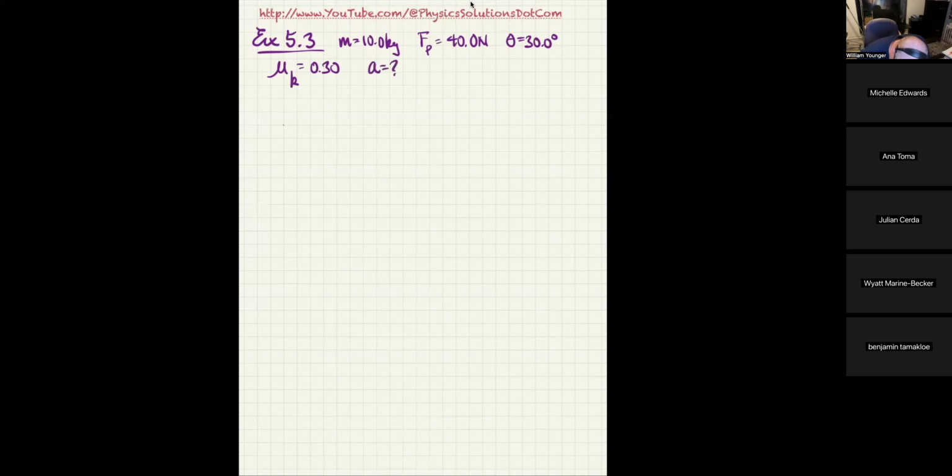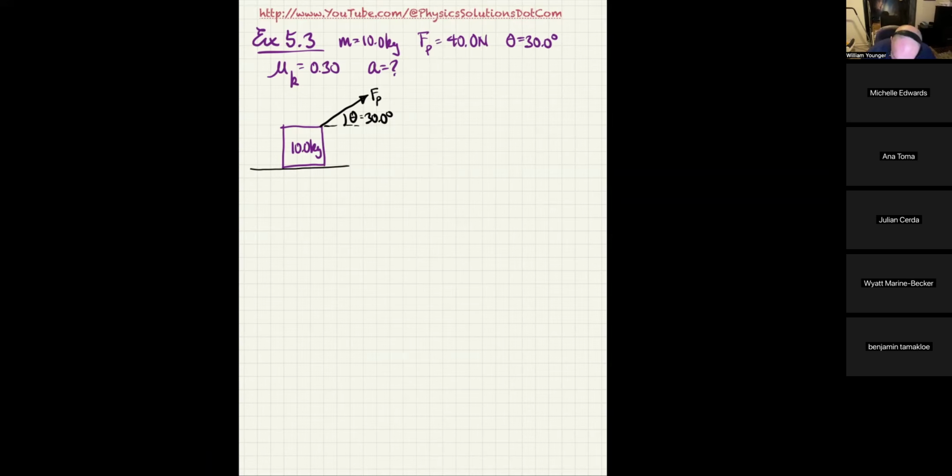So what we have is really a box whose mass is 10.0 kilograms, with a force FP acting on it that makes an angle of theta equal 30.0 degrees with the horizontal, and it has the potential to slide left and right.